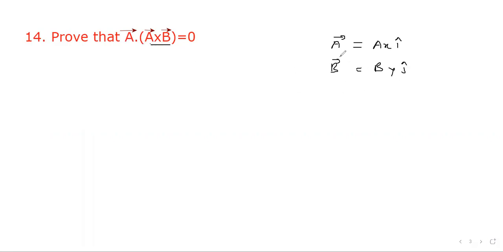Then what do we get here? If we find A cross B, we can take another example, but we are considering a simple example.